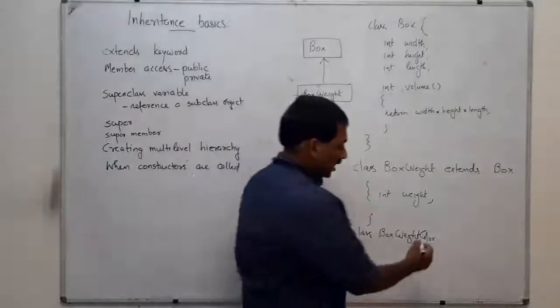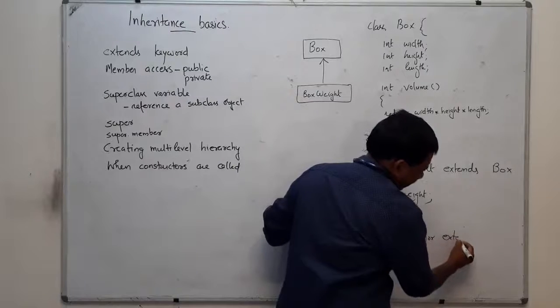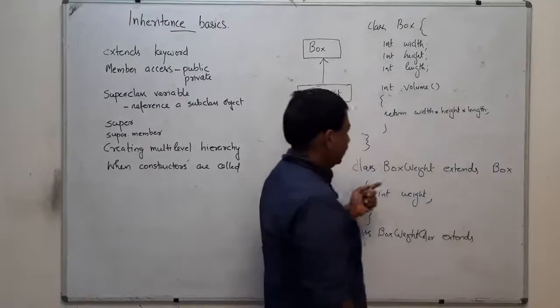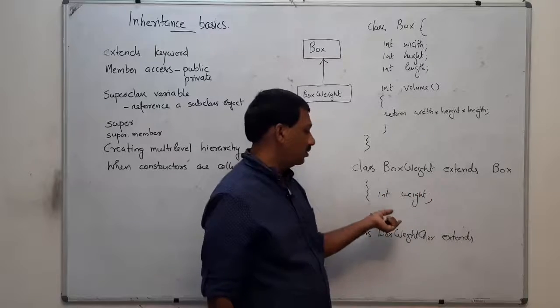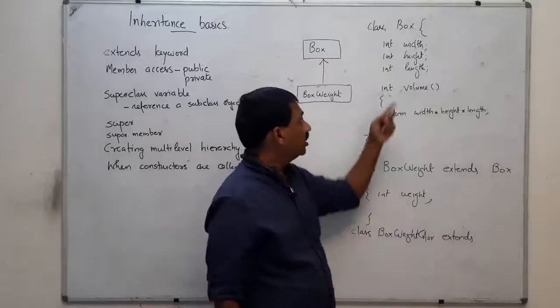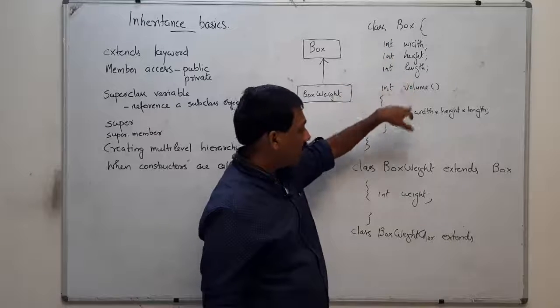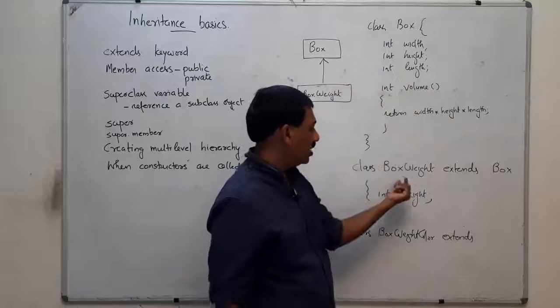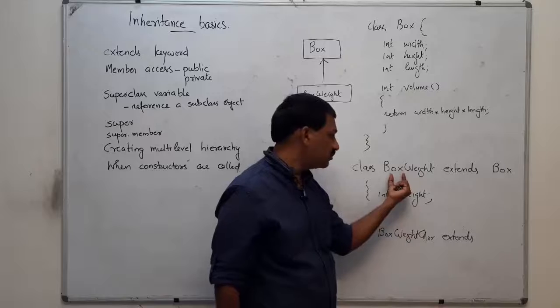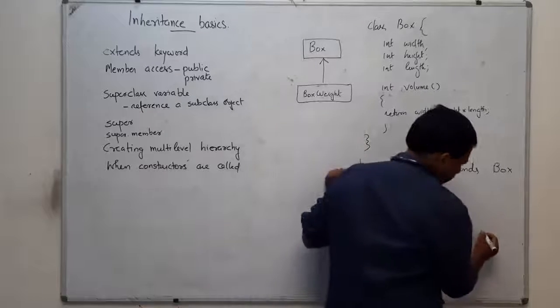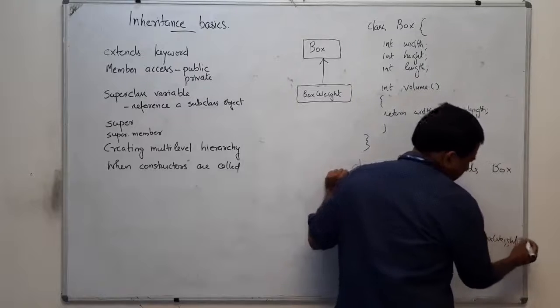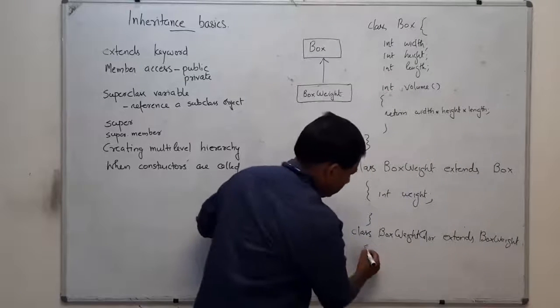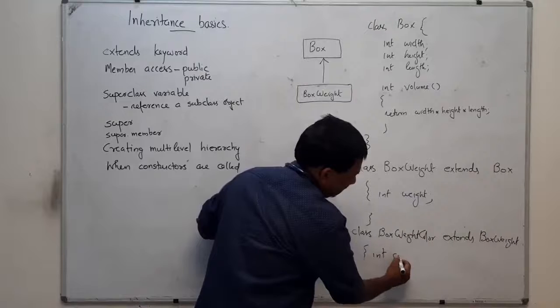If you are inheriting from box weight, then you have to include only color. If you are inheriting from box, you have to add weight and color. So I am going to inherit from box weight: box weight color extends box weight, and here you are going to include int color.